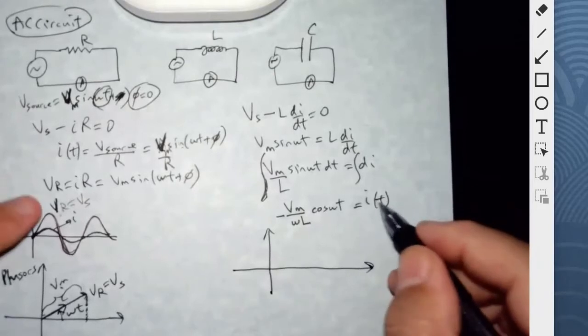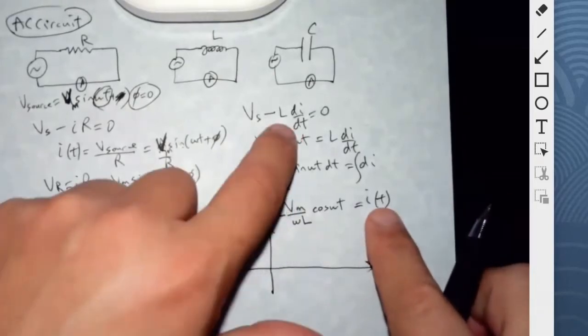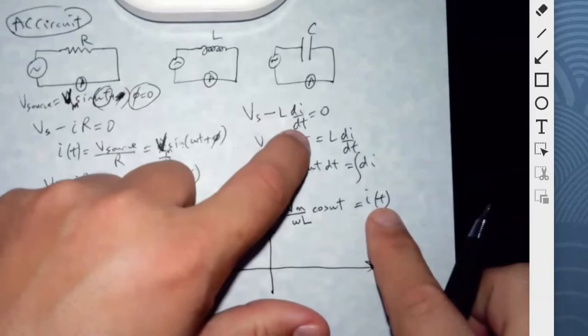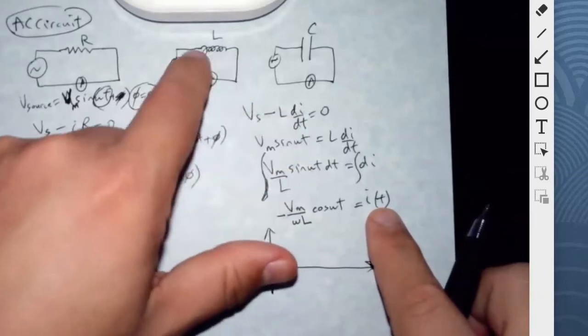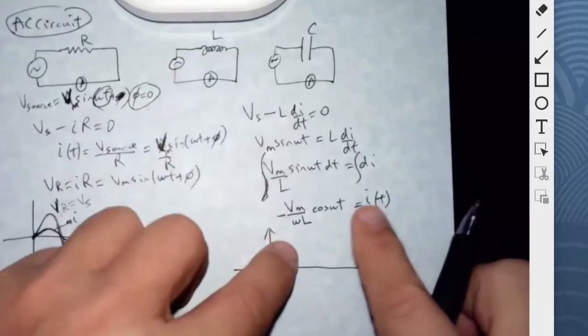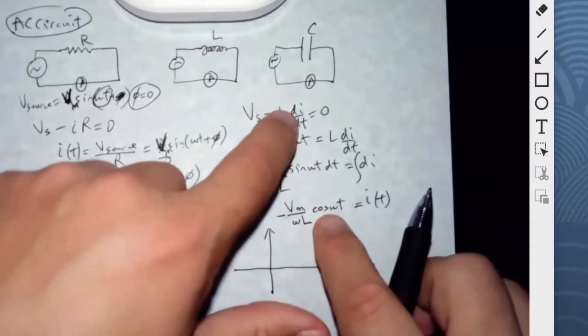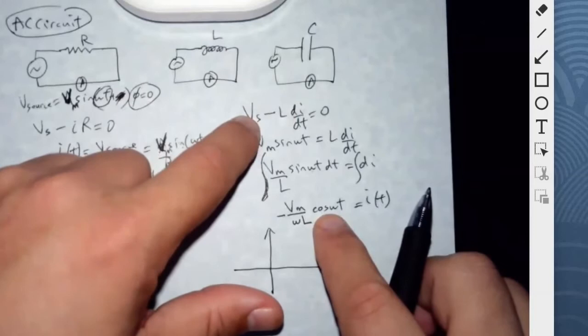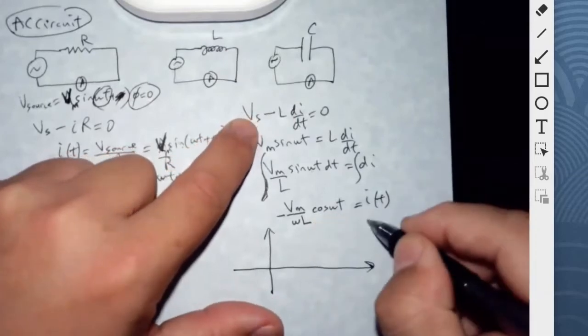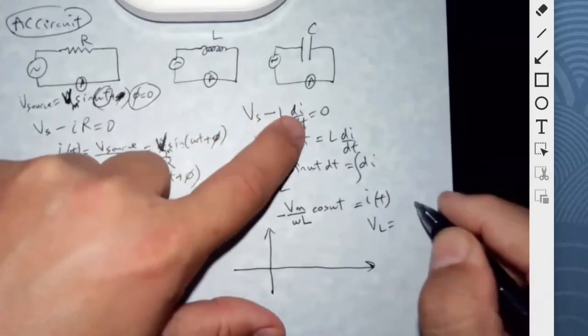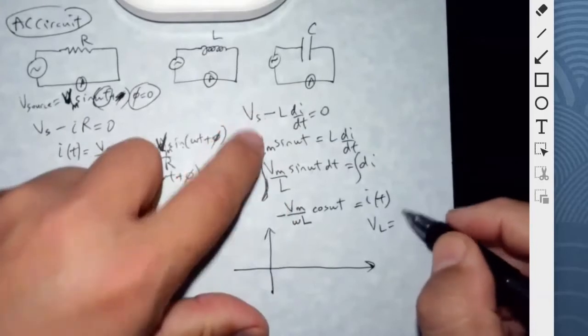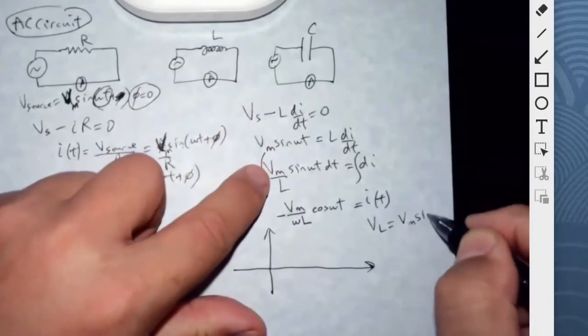Once we get the current as a function of t, we can just do L di dt and get the voltage across the inductor. If I do the derivative of this multiplied by L, it's going to get me back to the voltage of the source. So the voltage of the inductor is just whatever we started with, Vm sine omega t.